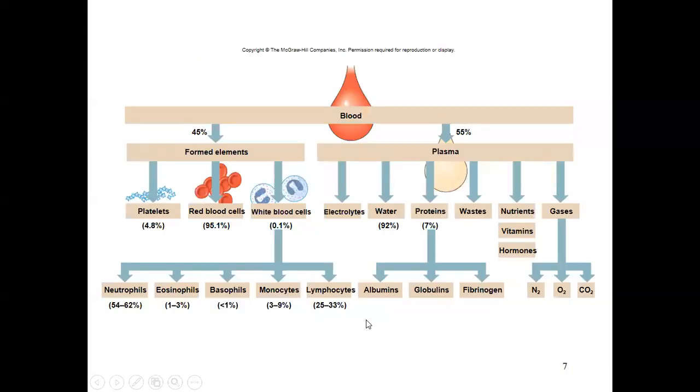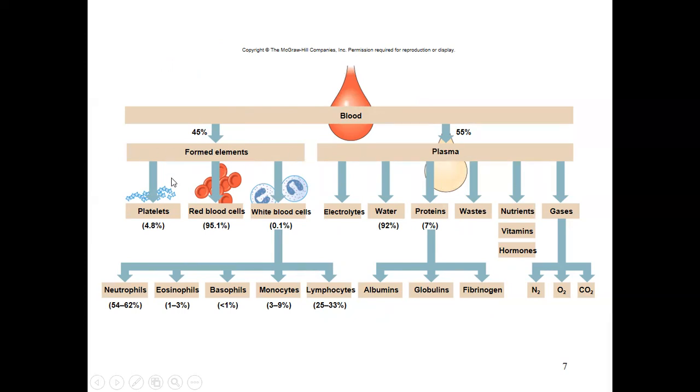Looking at the composition of blood more specifically, make sure that you are looking at this chart to understand it, but you have whole blood here. Whole blood is divided into 2 pieces. You have your formed elements. Remember, the formed elements are the cells or the cell fragments in the blood. And then you have the plasma. That's the liquid portion of blood.